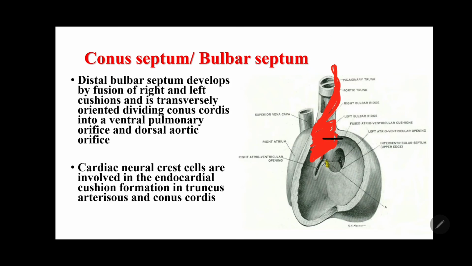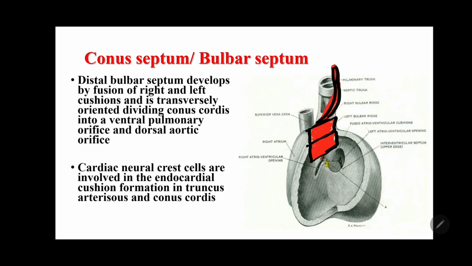So here we have the proximal bulbar septum formed by the right dorsal and left ventral bulbar ridges, and the distal bulbar septum formed by the right and left bulbar ridges, and both fuse with the caudal edge of the spiral septum, that is the aorticopulmonary septum.